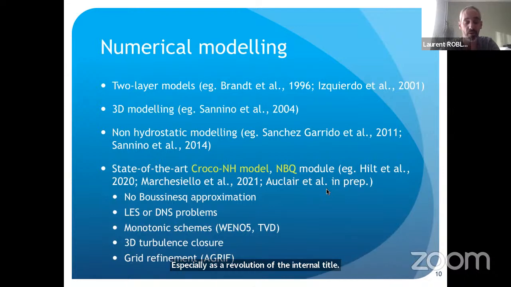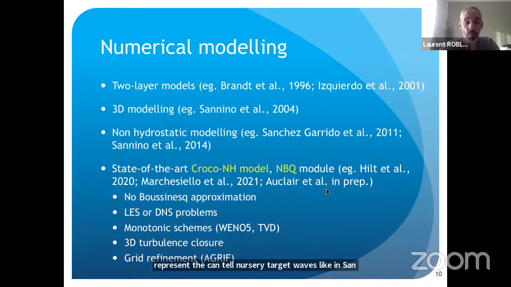So this model requires fully non-hydrostatic codes and physics. More recently, non-hydrostatic models have been used to explicitly represent the internal solitary waves, like in Sanchez-Garrido and Salino's works.